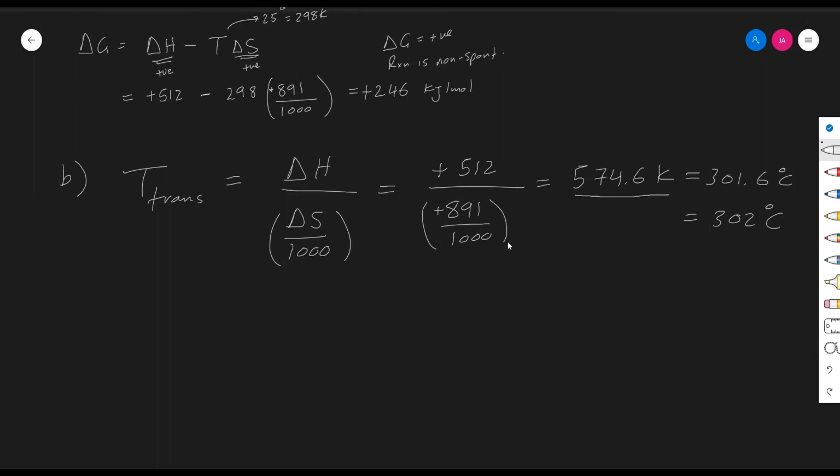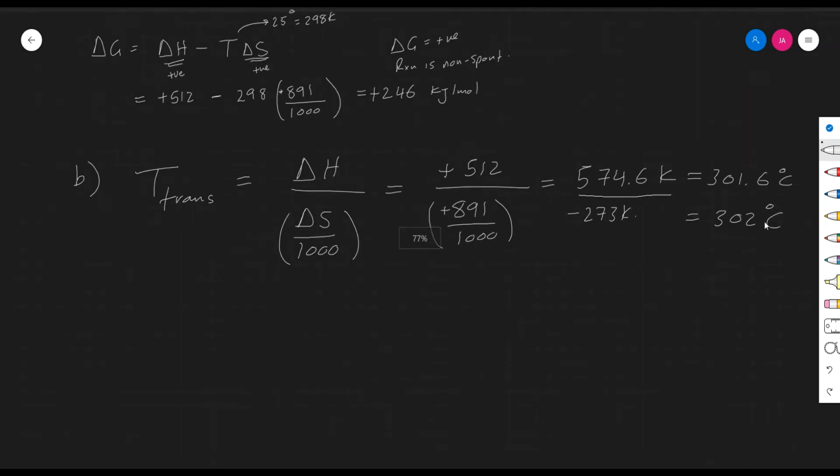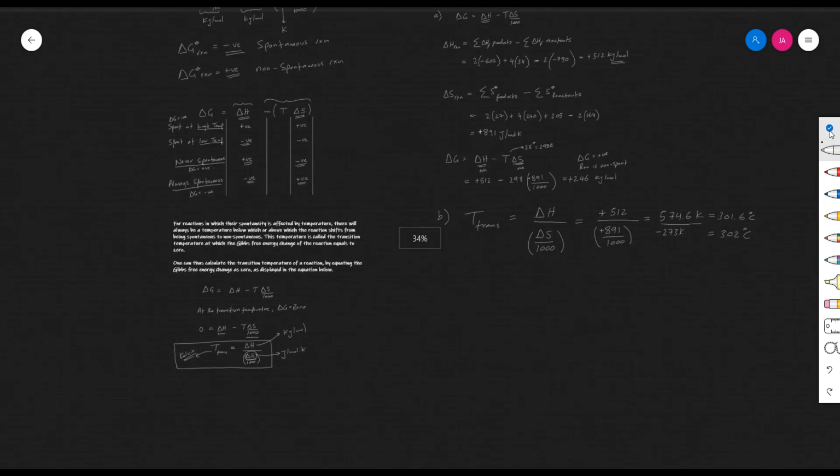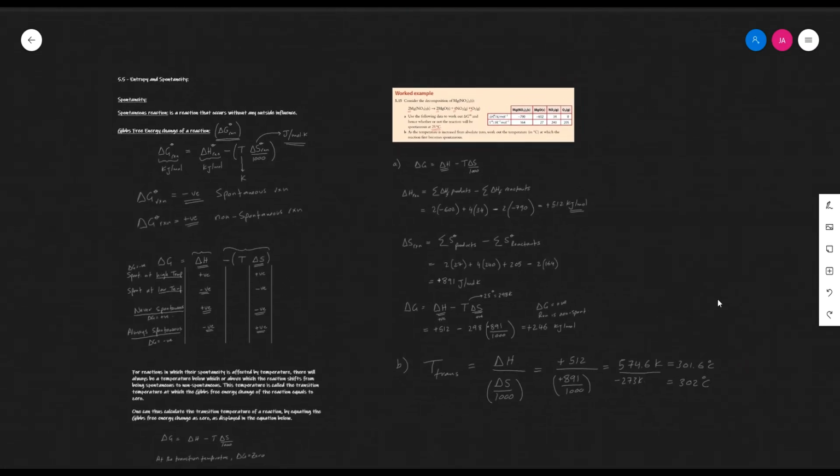We are asked to calculate the transition temperature in degrees Celsius, and thus to convert it to degrees Celsius, I subtracted 273 from this value to produce a rounded figure of 302 degrees Celsius. These are the type of questions that you will be asked in exams.